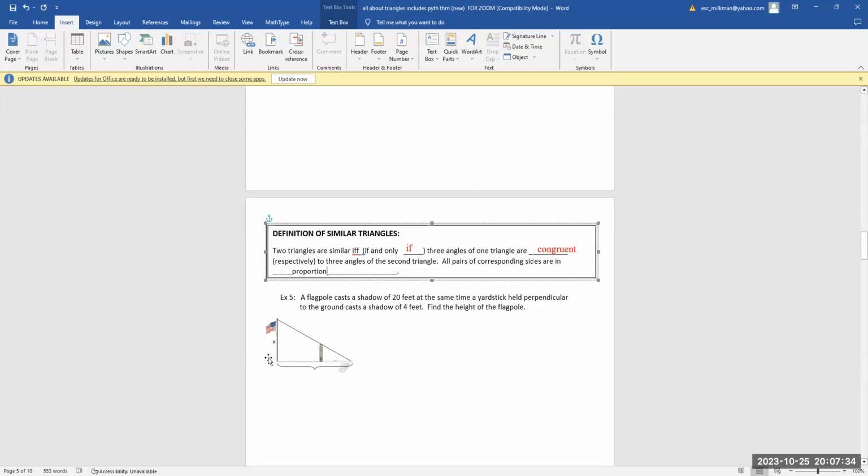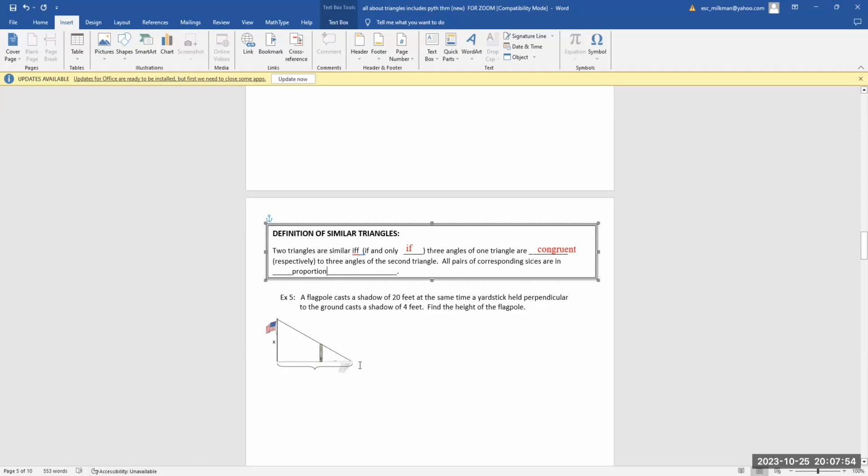Here's the flagpole, and I've got x marked as the length because I don't know the height of that flagpole. And this is my yardstick here that is being held up. At the same time, the sun shines from the flagpole, casting a shadow onto the ground.